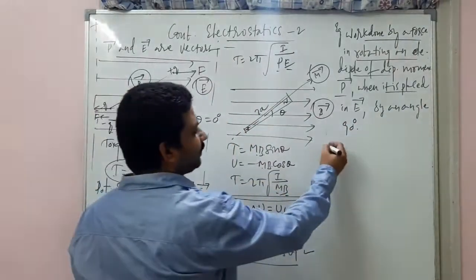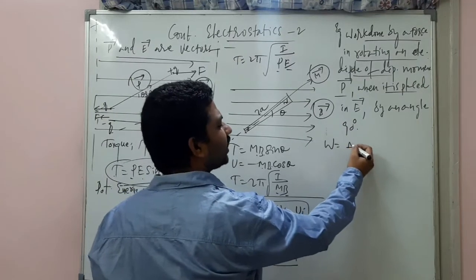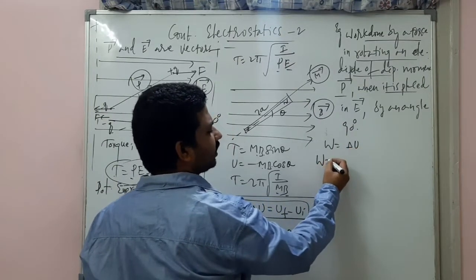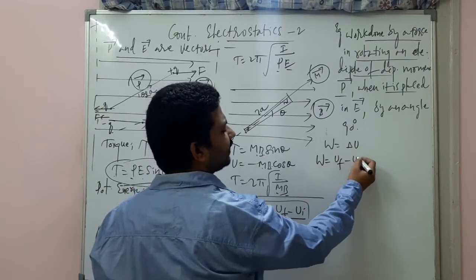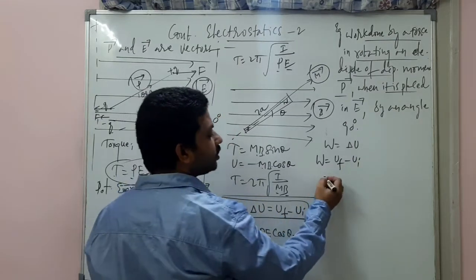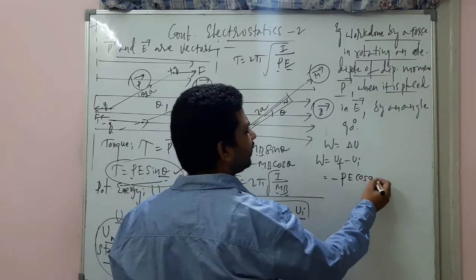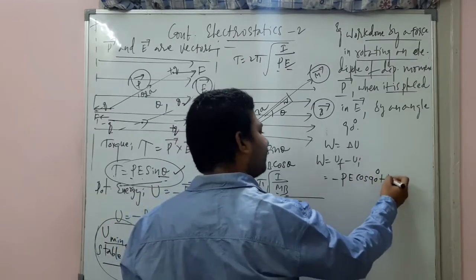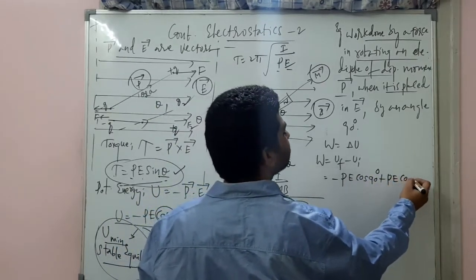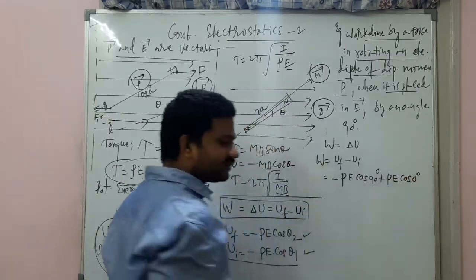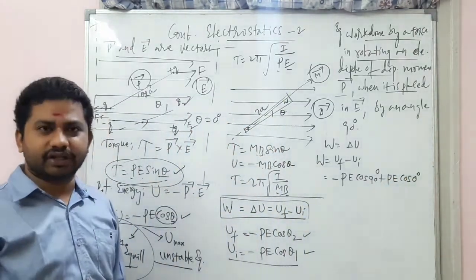Right? So work done is equal to the change in potential energy, UF minus UI. Observe carefully. UF is minus PE cos 90 degrees, and minus of minus will be plus PE cos 0 degrees from the initial position.